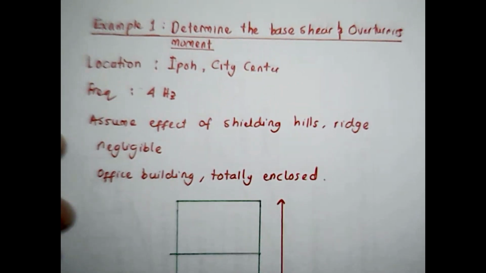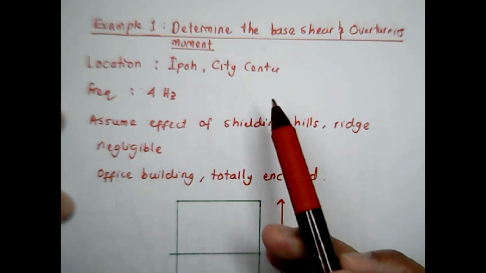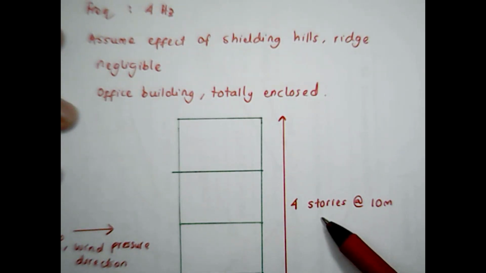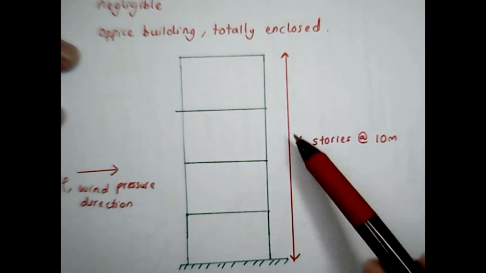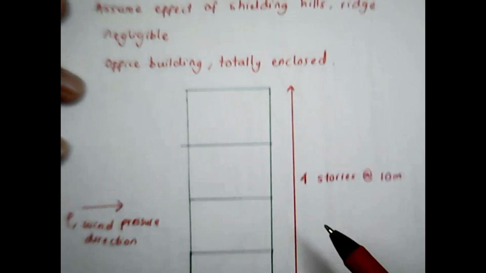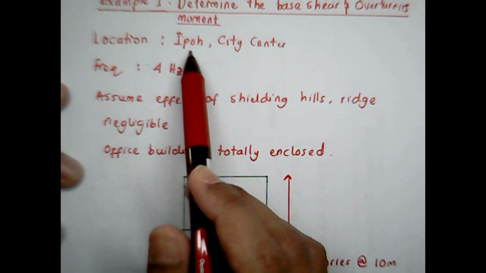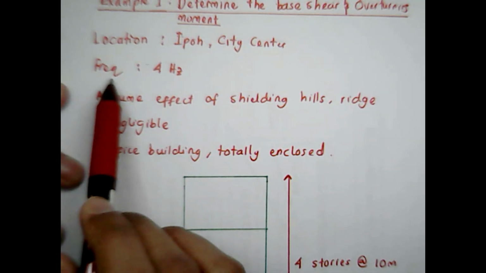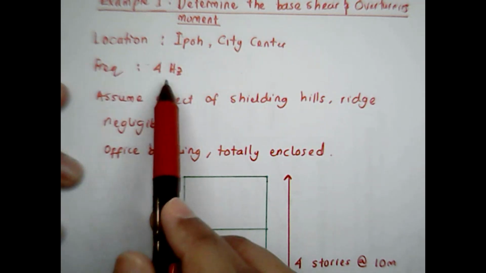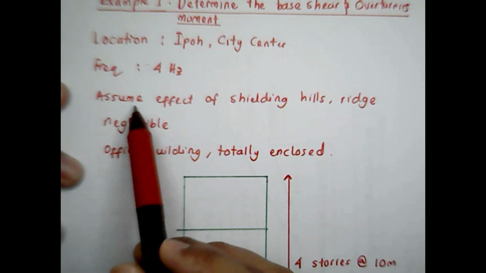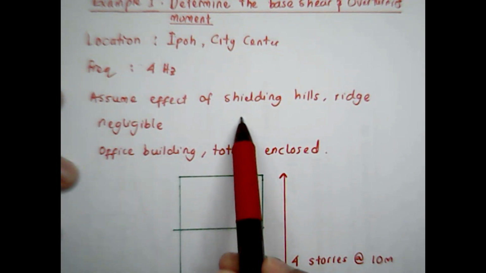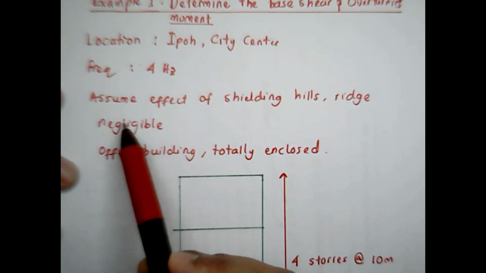And here are the details of the structure, where the proposed 4 stories stand at 10 meter, which means the total height is going to be 40 meter, located at Ipoh city center, where it has been determined that at Ipoh the frequency is 4 Hz. And for this example, we assume the effect of shielding hills ridge is negligible.